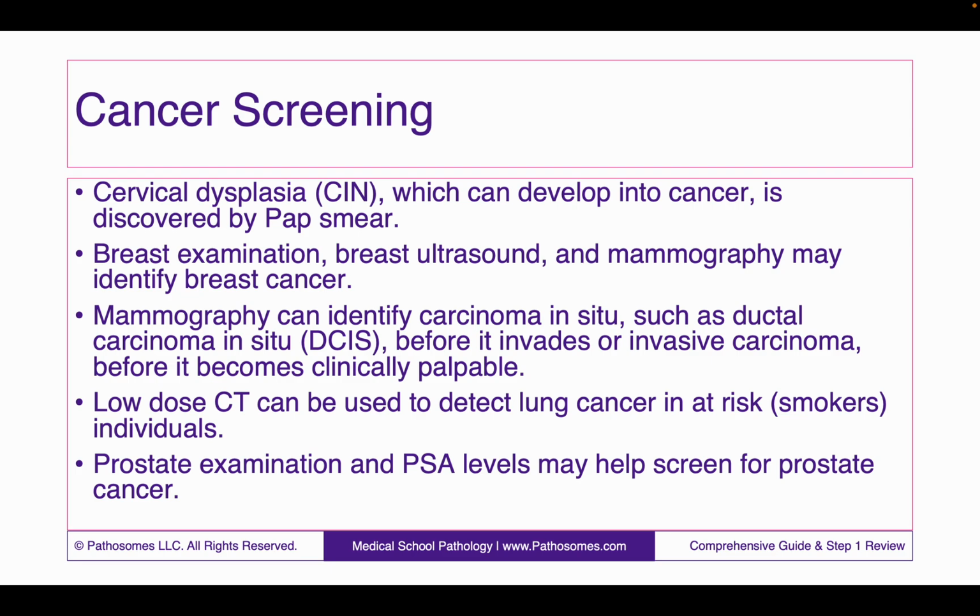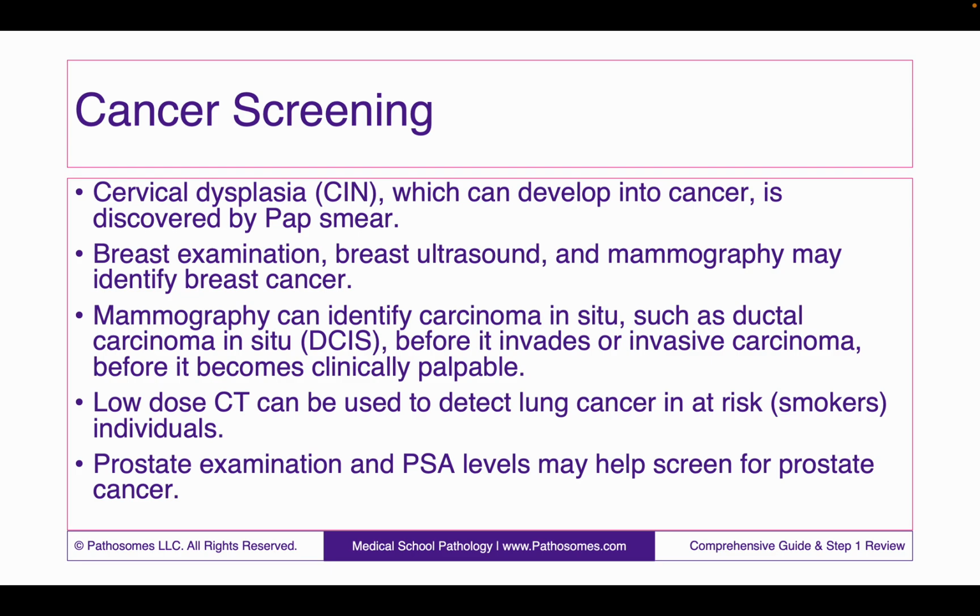Mammography can identify carcinoma in situ, such as ductal carcinoma in situ, before it invades, or invasive carcinoma before it becomes clinically palpable. Low-dose CT can be used to detect lung cancer in at-risk individuals, like those with long smoking histories.